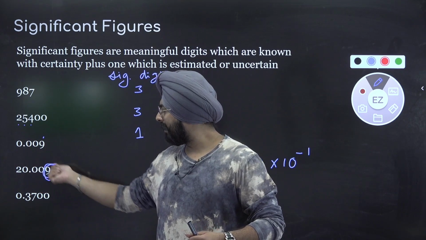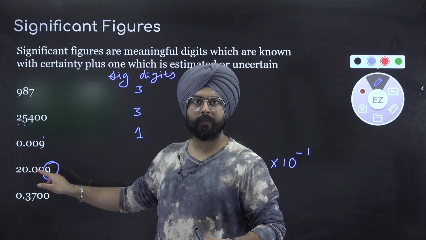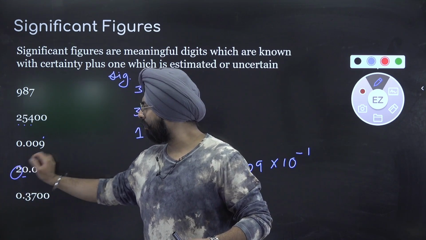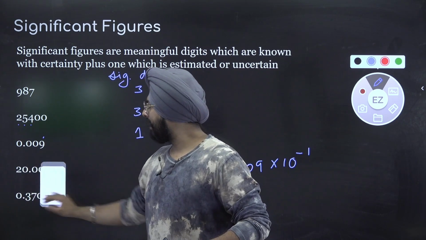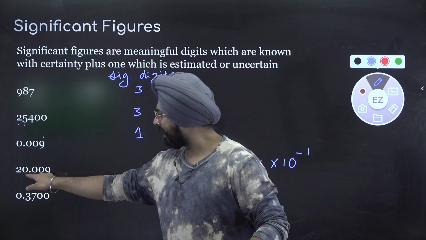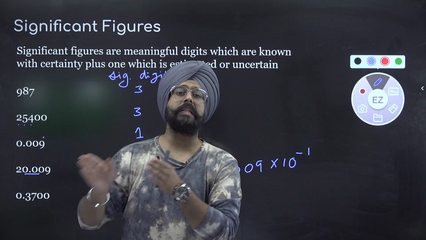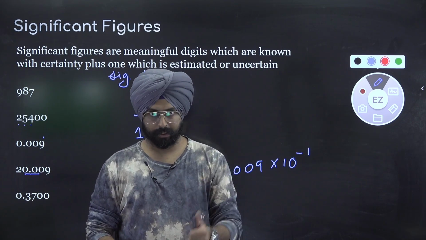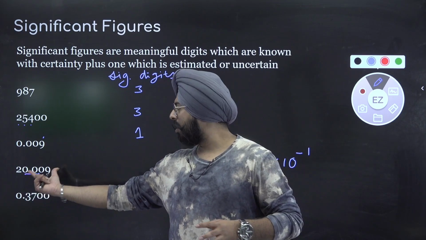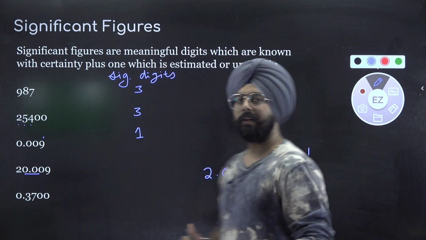In 20.009 the 9 is important over here, and this 9 does not exist without these zeros. It starts with a 2, ends with a 9, and zeros are trapped inside. So whenever zeros are trapped inside non-zero numbers, the zeros become significant. Okay, I'll repeat my statement. Whenever zeros are trapped between 2 non-zero numbers, the zeros also become significant.